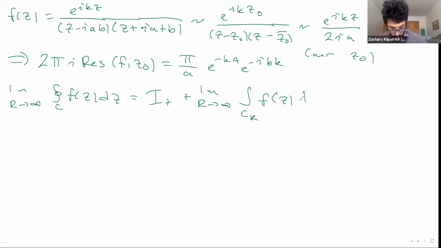Remember, that's that arc that has radius r. But this essentially is going to be, through the same arguments that we worked out before, vanishing to 0.